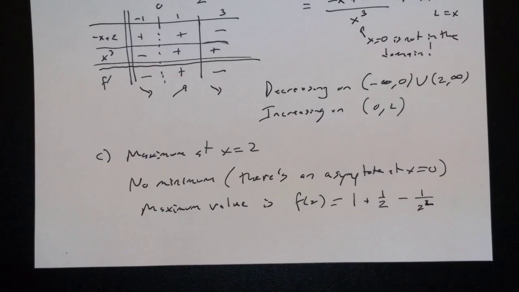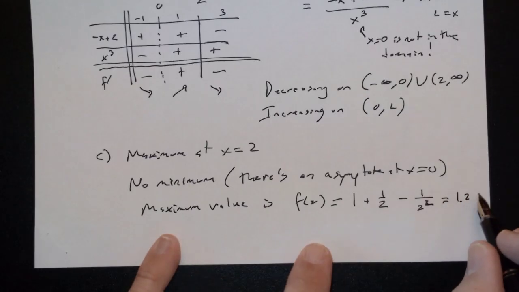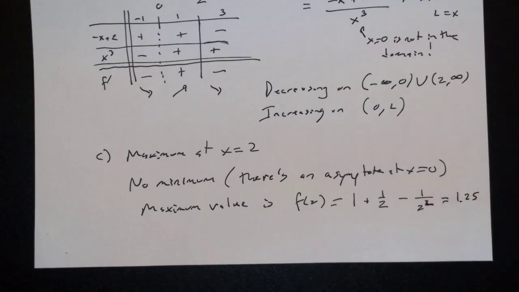One plus 1 over x minus 1 over x squared is 1 plus a half minus a quarter, which is 1 1/4. So far, so good?